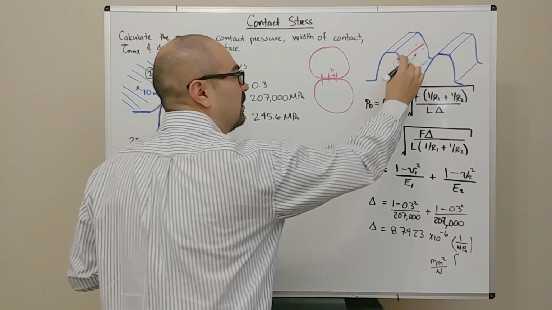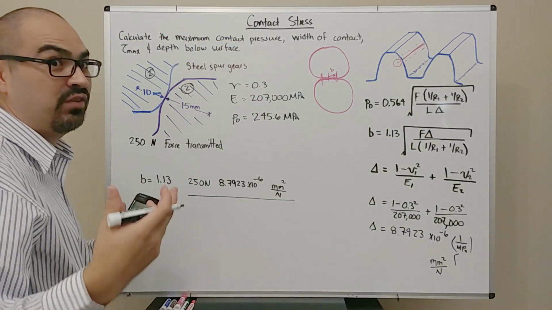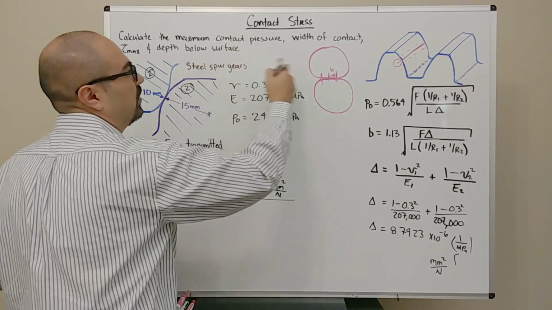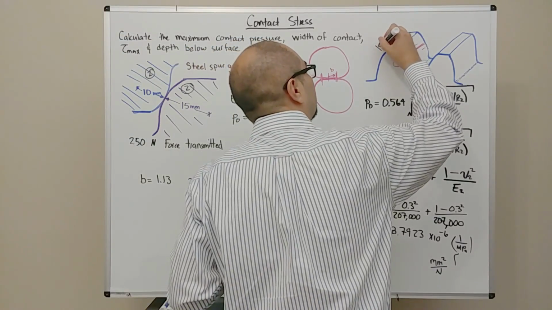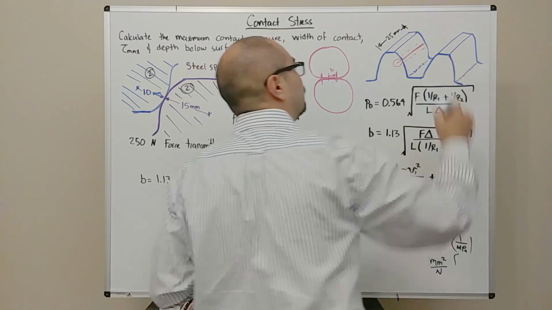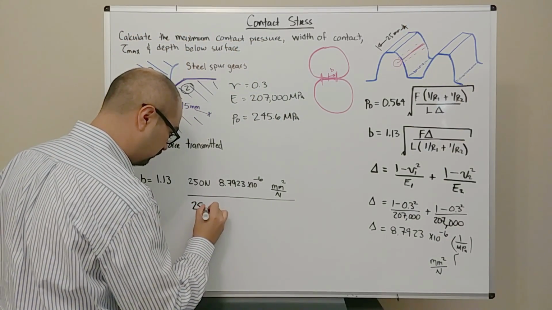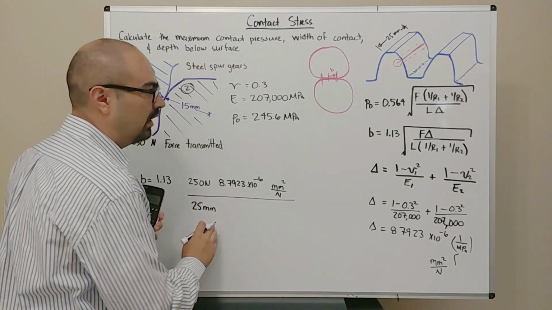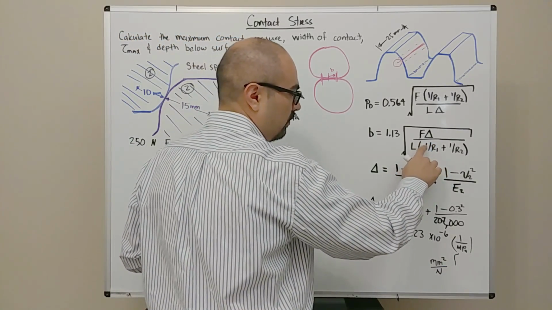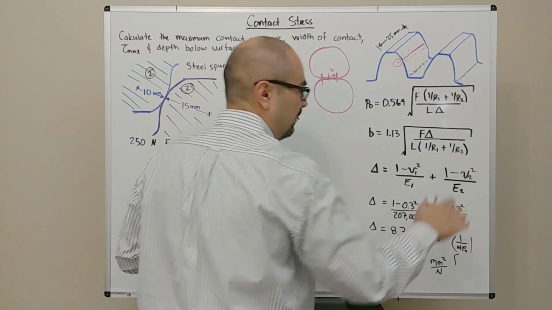Again, the length is the length of the cylinder, which is going to be the face width of the spur gear, which we said we were going to use 25 millimeters. And then it gets multiplied by 1 divided by radius 1 plus 1 divided by radius 2.